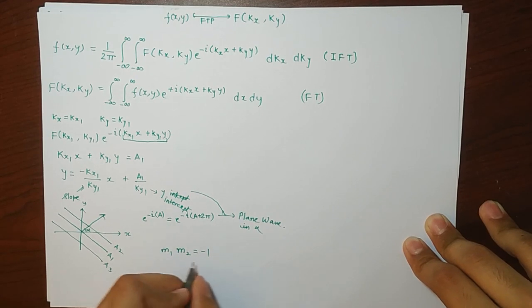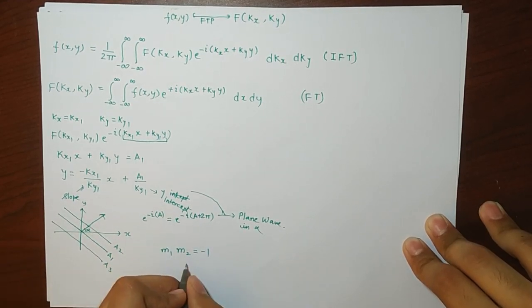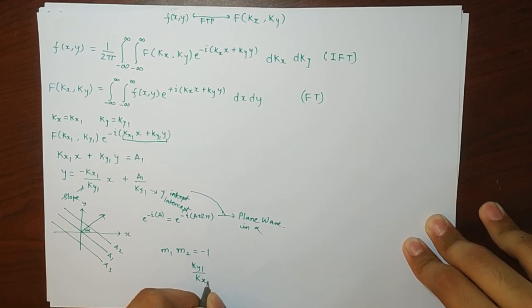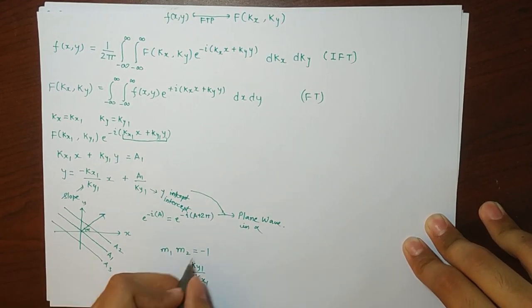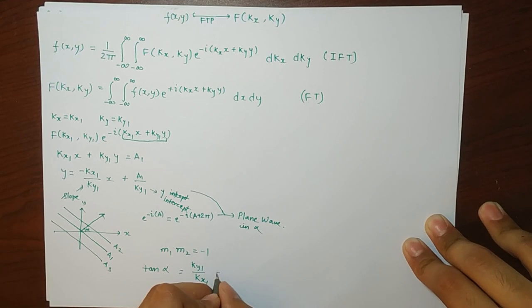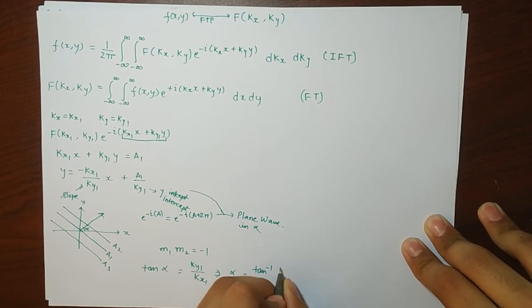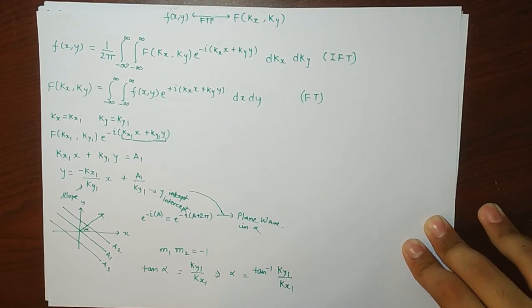Putting this here, you can get the slope of this line would be this. If this is the slope, then what would be the angle? We know that this is tan of alpha. So I can easily calculate from here, alpha equals tan inverse of ky1 by kx1.